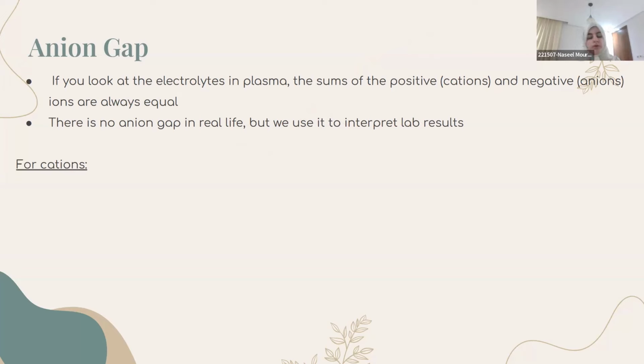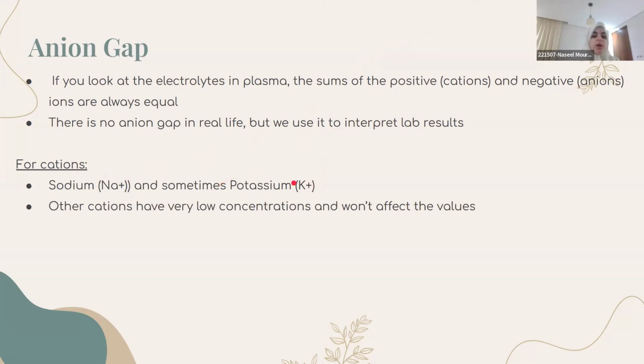Now for cations, what are the cations that we measure? We mainly measure sodium and potassium. Other cations, like magnesium and calcium, their concentrations are very, very low, so they don't really affect the values. For anions, we measure chloride and bicarbonates.